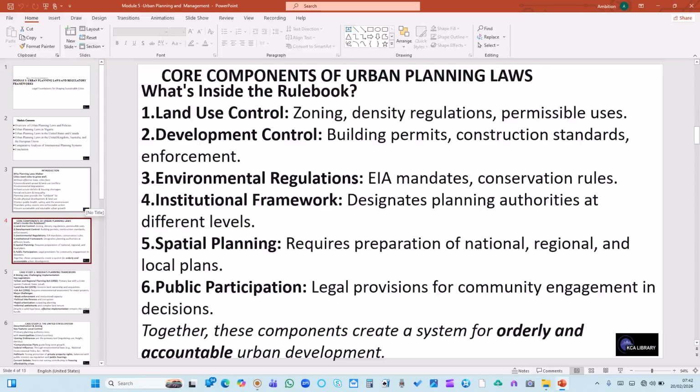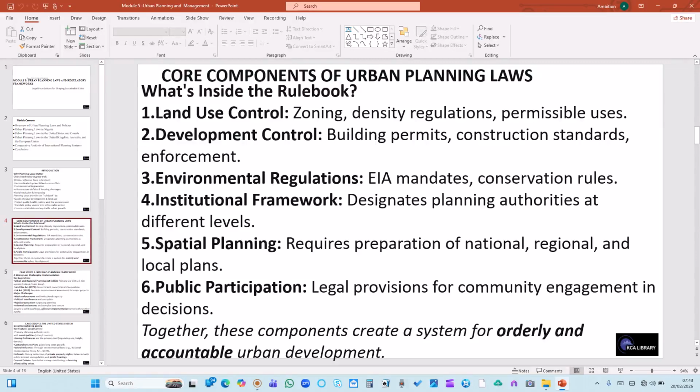Number 3, environmental regulation, which involves the use of EIA mandate, environmental integrity regulation, and conservation rules. Number 4, institutional framework, which involves designated planning authority at different levels.